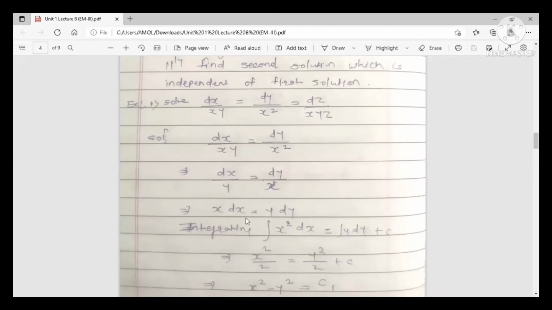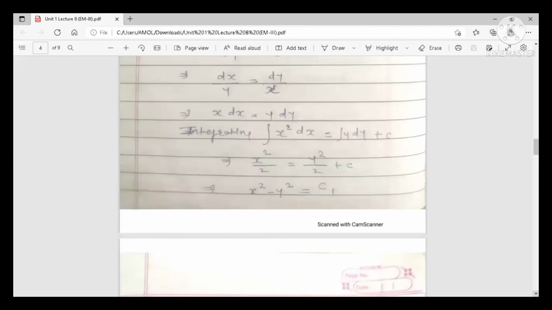Now this is variable separable form because the terms of x are collected in LHS and the terms of y are collected in RHS. Now variable separable form, so integrating we get integration x dx is equal to integration y dy plus c, constant of integration. Now integration of x is x square by 2 is equal to integration of y is y square by 2 plus c, and so it is x square by 2 minus y square by 2 is equal to c.